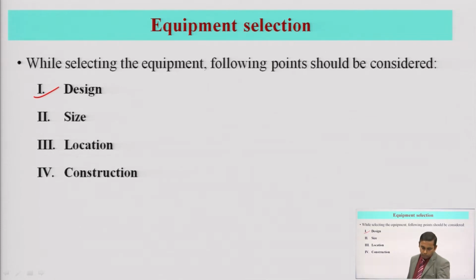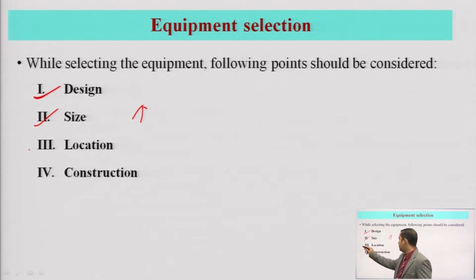For example, your pharma company is producing only multivitamins or nutraceutical related products, so only for such activities like tablet production. You are not manufacturing any sterile product. So, you have to select the design based on the activity. Its size is also important. If your batch size is very high, then the size should also be very big. Location, construction, you should take care.